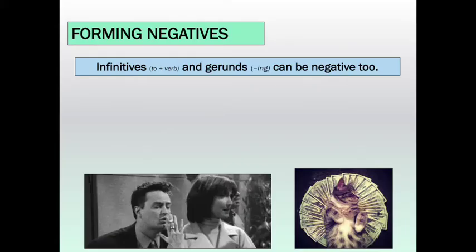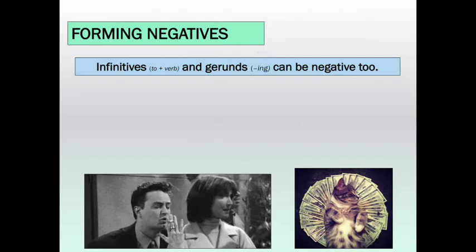Infinitives and gerunds can also be negative with the word not. Remember, infinitives are when you see to and then the base form of a verb, and gerunds are the ing present participle form of the word.